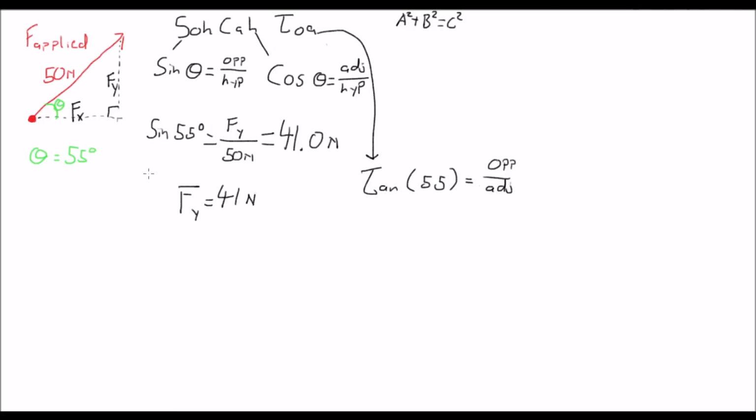Now the adjacent leg we know is the f of x, and we know that the opposite is the f of y, which we solved right here. So let's erase opposite, let's erase adjacent, and actually fill in what it's supposed to be.